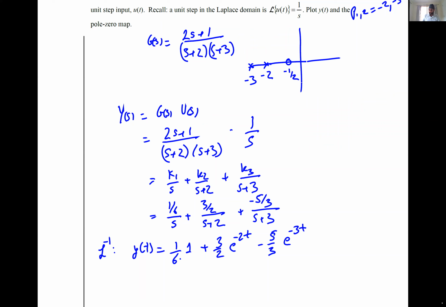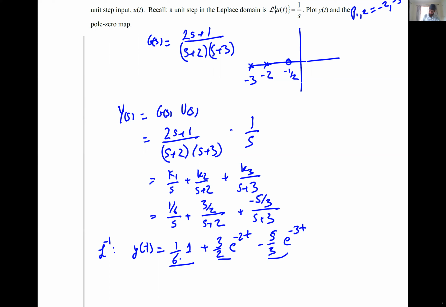You can see that this response consists of a constant value plus 2 exponential terms. And you can also see that as time increases, these exponential terms are going to go down to 0. So what I'm going to be left with is just 1 over 6.